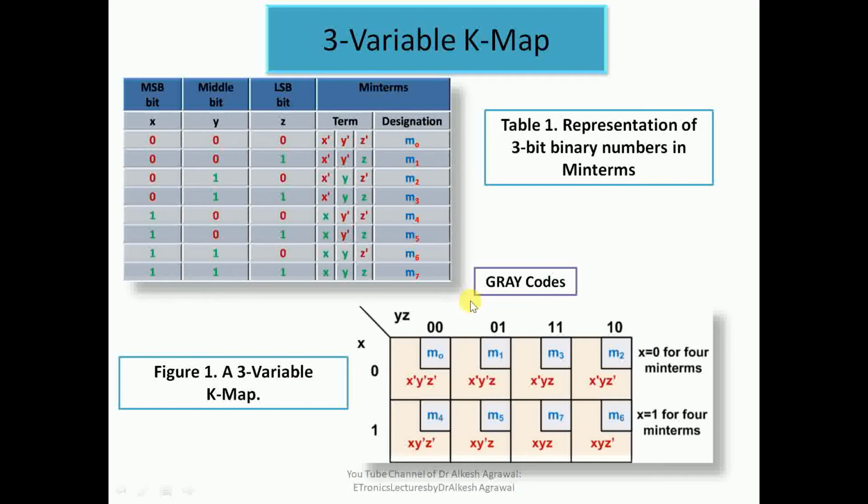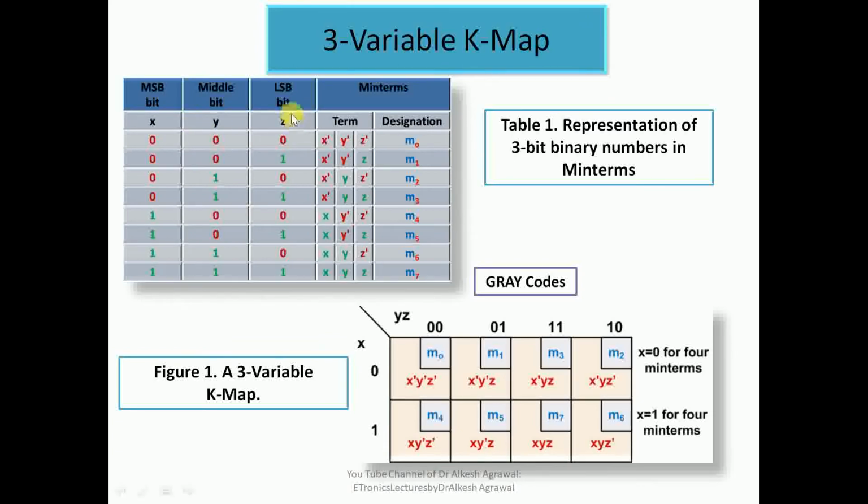First of all, it is very important to understand the structure of a three variable K-map. Before that, I'll discuss the binary representation in 3 bits, depicted by three variables x, y, and z.